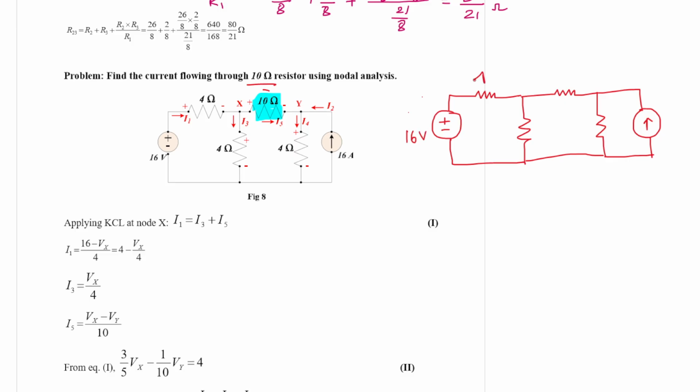This is 4 ohm, this is 10 ohm, this is 4 ohm, this is again 4 ohm, and this is 16 ampere. This is the circuit. Additionally, whatever you are seeing in red ink is drawn additionally to make this diagram clearer to you.